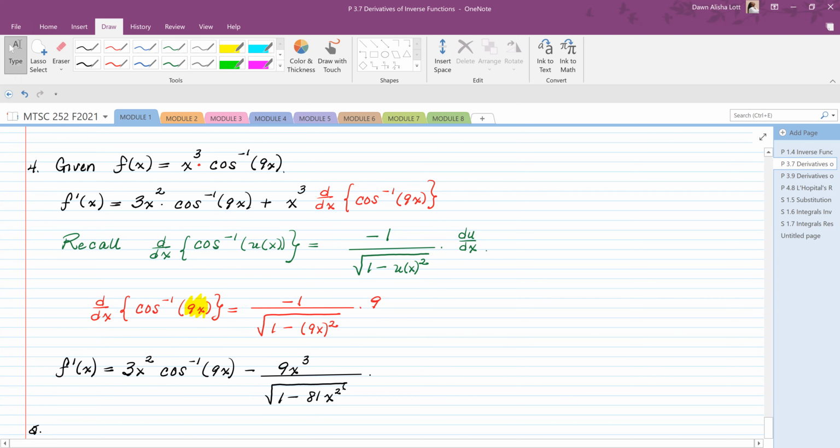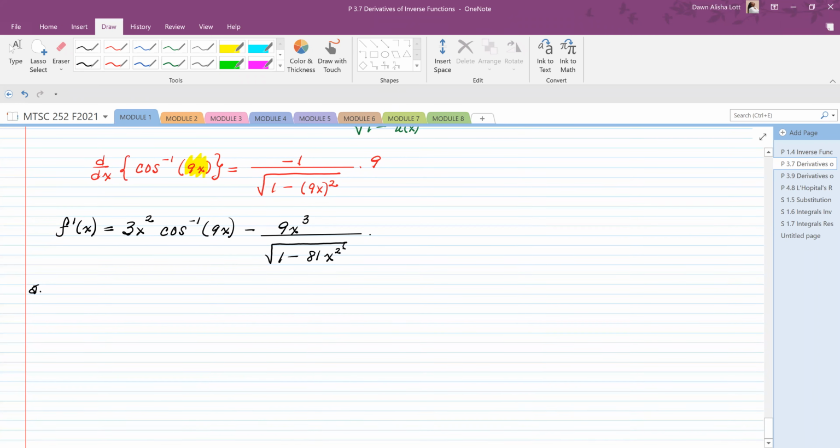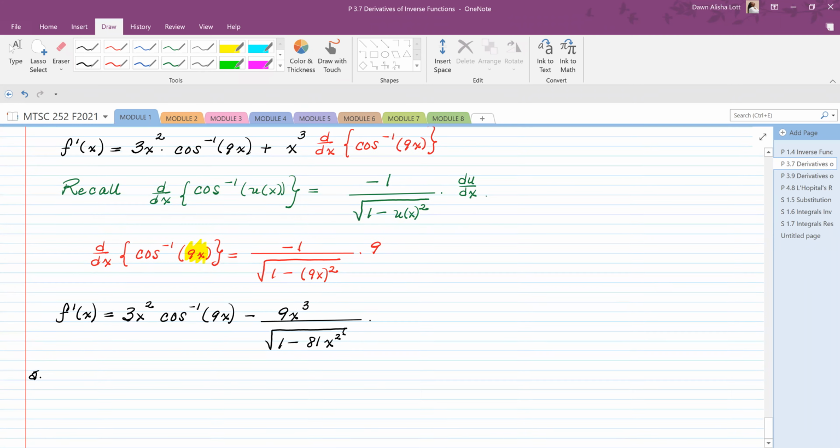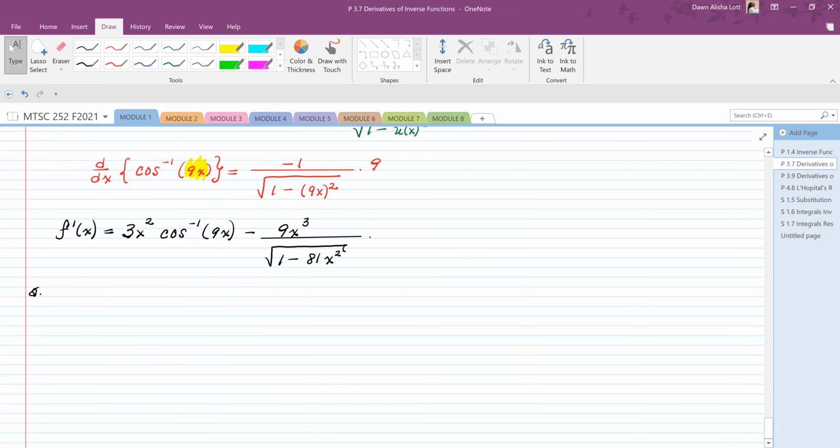Okay, I want to do another one. Given f of x equals tan inverse of x, let's make it easy.